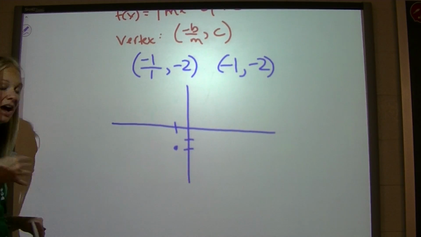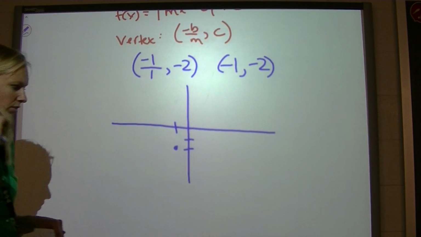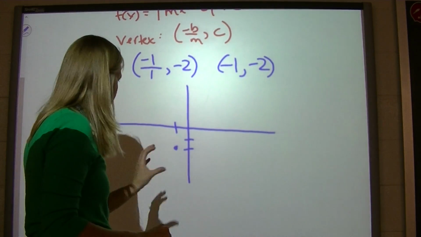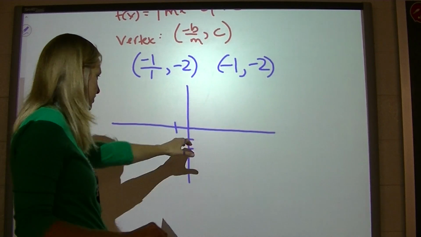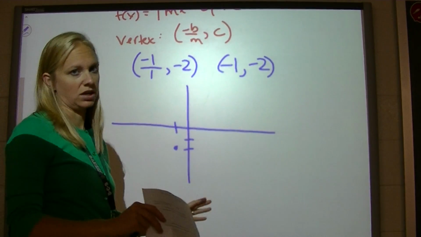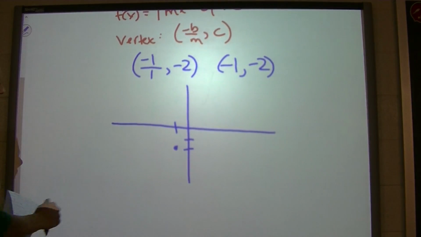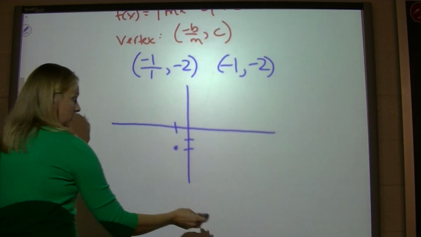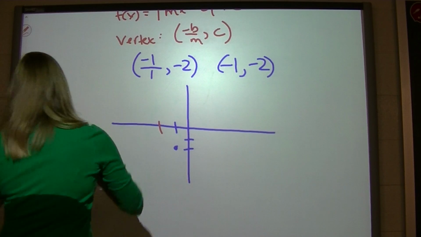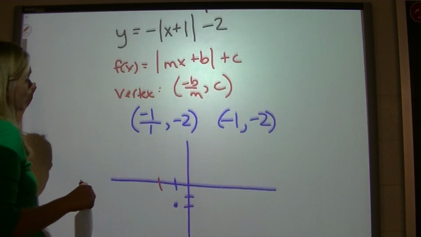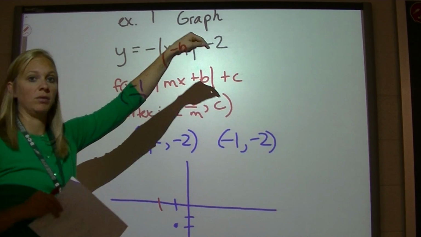So let's now plug in values for x. What value should you choose? Well, I always like to use at least one value to the left and one value to the right of our vertex to just see what it looks like. So here we have negative 1, negative 2, so I'm going to plug in negative 2 for our x up here and see what y produces.